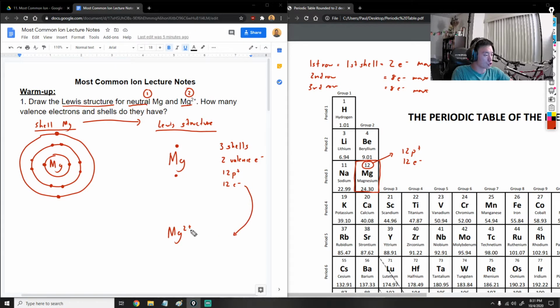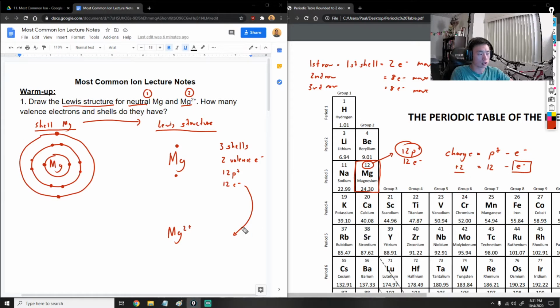Since Mg2+ is positive 2, we know from our formula that charge is equal to the protons minus the electrons. If the charge is positive 2 and it's magnesium, we plug in 12 protons, so 12 minus the electrons. So the question becomes 12 minus what equals 2?